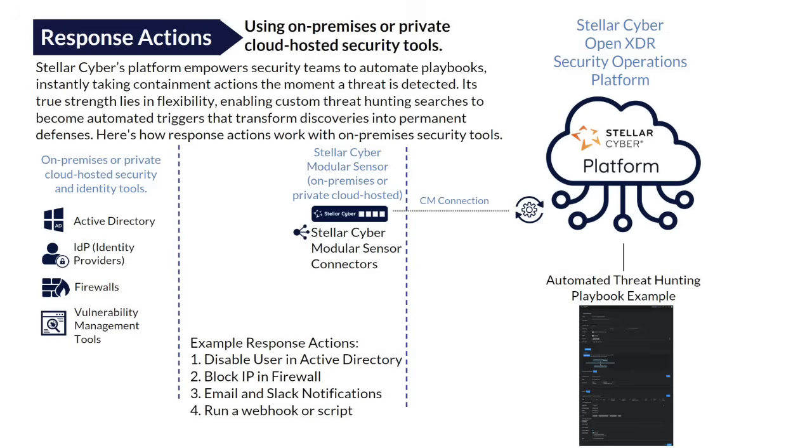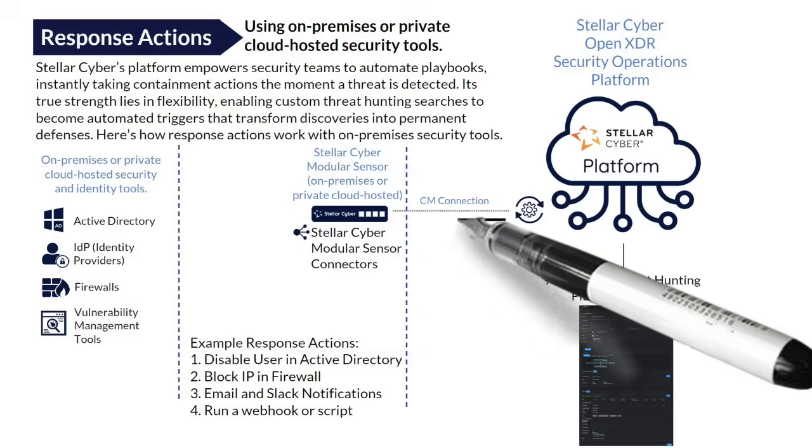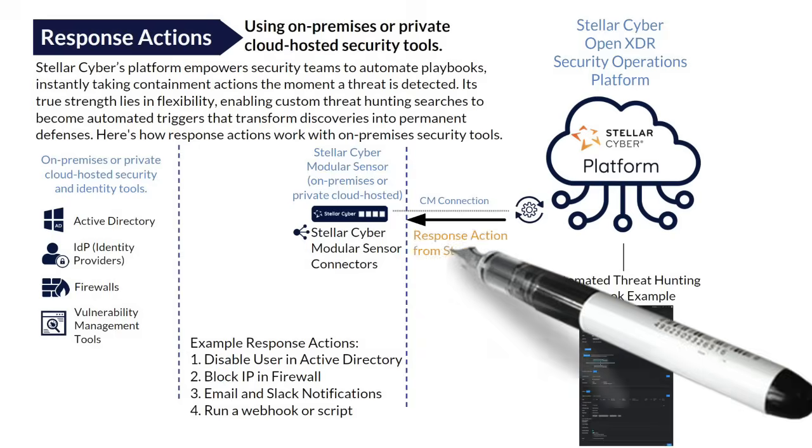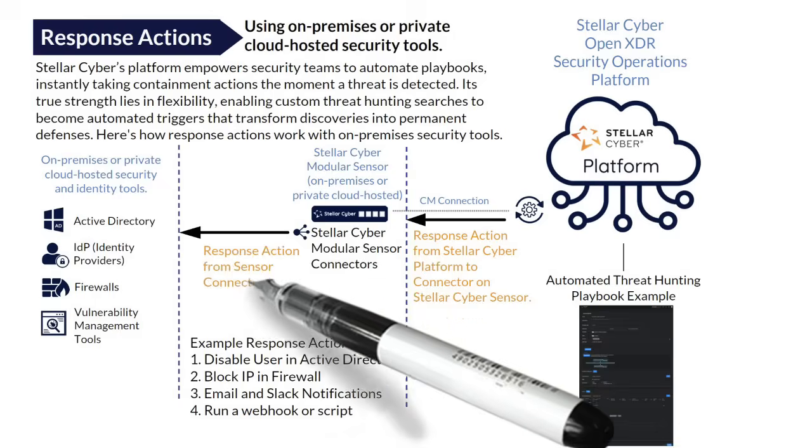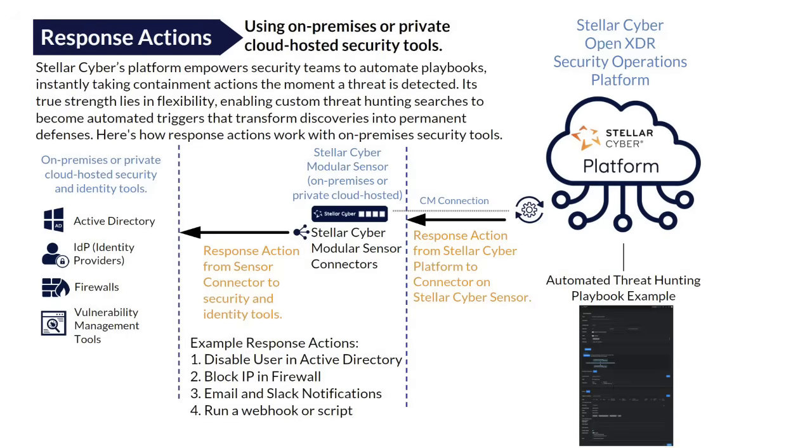After a playbook is configured and scheduled, the Stellar Cyber platform executes it automatically. When a trigger condition is met, the platform routes the response action through the CM connection to the modular sensor connector that interfaces with the on-premises service, such as Active Directory to disable a user or a firewall to block an IP address.